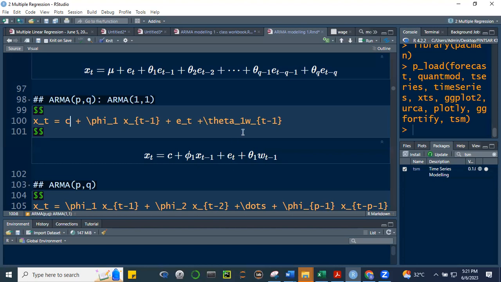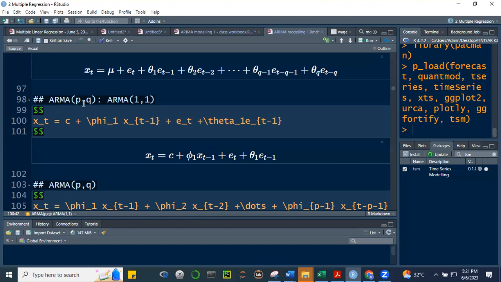And then a certain error term, epsilon sub t, which is good for both your AR process and your MA process. So this is your lag 1 MA, this is your lag 1 AR. When you combine AR and MA, you now call it the ARIMA process.